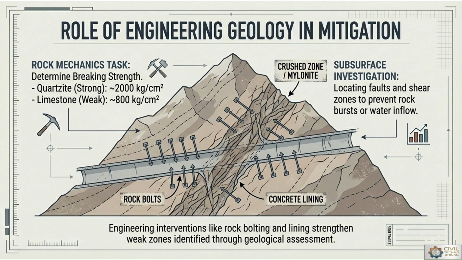So, rock mechanics task, subsurface investigation task. With reference to subsurface investigation, locating fault planes and shear zones prevents rock burst or water inflow. So we have to use bolting or concrete lining or shotcreting also as a mitigation technique. Engineering interventions like rock bolting and lining strengthen the weaker zones identified through geological assessment.